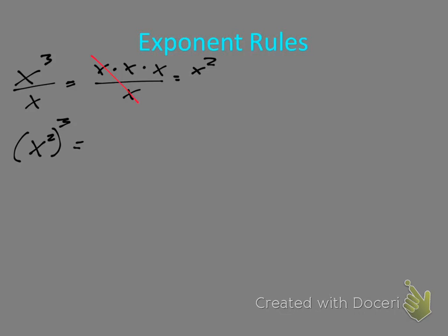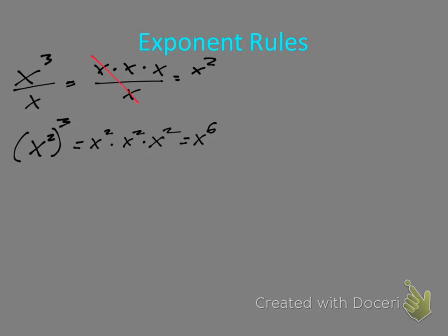Same thing here. You're doing x squared times x squared times x squared. You're turning it into a problem like the one that I unfortunately erased, where you had x times x. Here you have x squared times x squared times x squared, which means you add those 2's up, which gives you x to the 6.